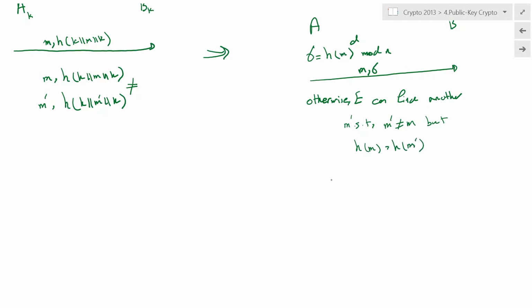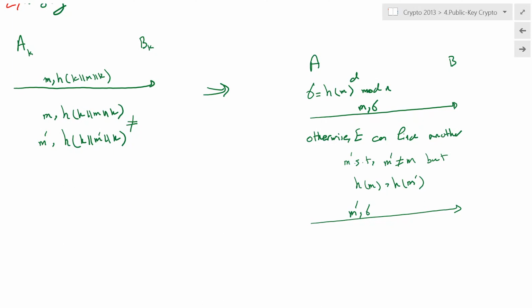And then if he can do that, he can say, hey, A signed this message M prime and sent it to you. And the signature would for sure match because the hash of M equals the hash of M prime. And therefore, he can lure B to accept this message M prime with the correct signature.